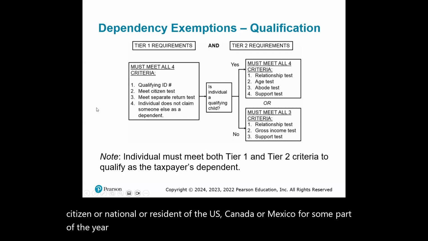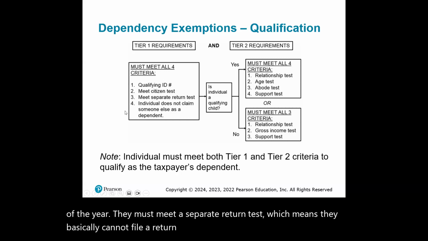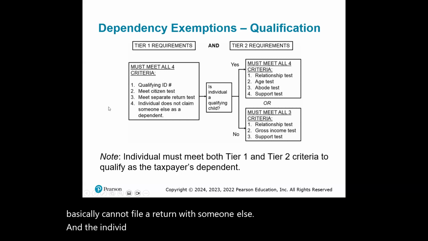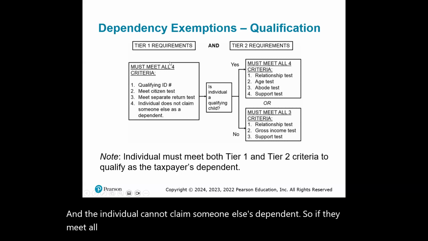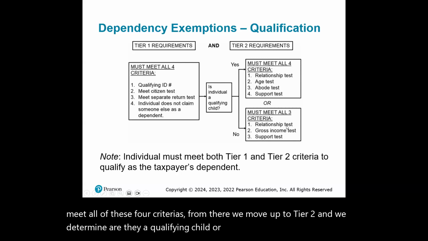Three, they must meet a separate return test, which means they basically cannot file a return with someone else. And four, the individual cannot claim someone else as a dependent. So if they meet all of these four criteria, we move up to tier 2 and determine: are they a qualifying child or are they a qualifying relative?